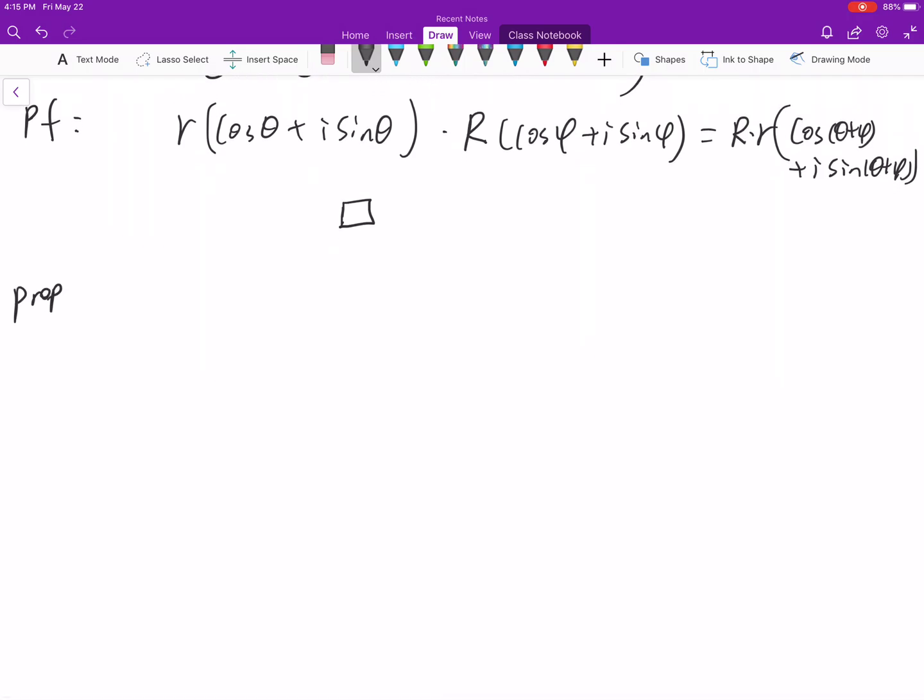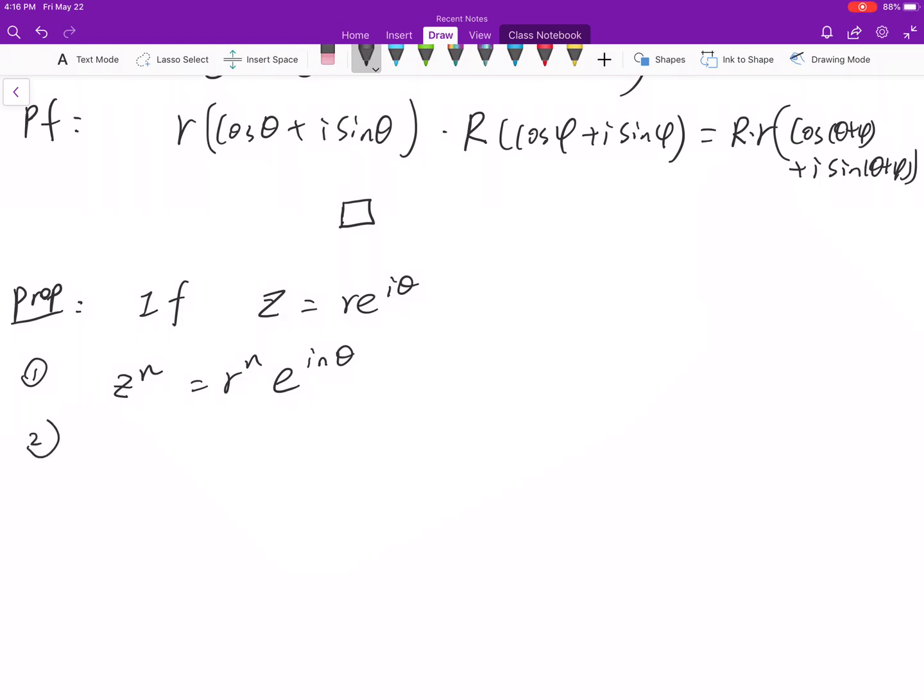And after we introduce polar coordinates for complex numbers, then immediately we have the following formula for powers and roots. Suppose z is r times exponential i theta, then z to the nth power is r to the nth power exponential i n theta.